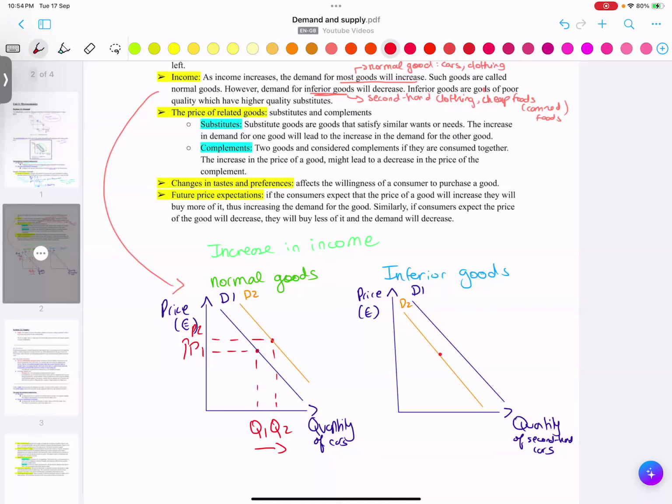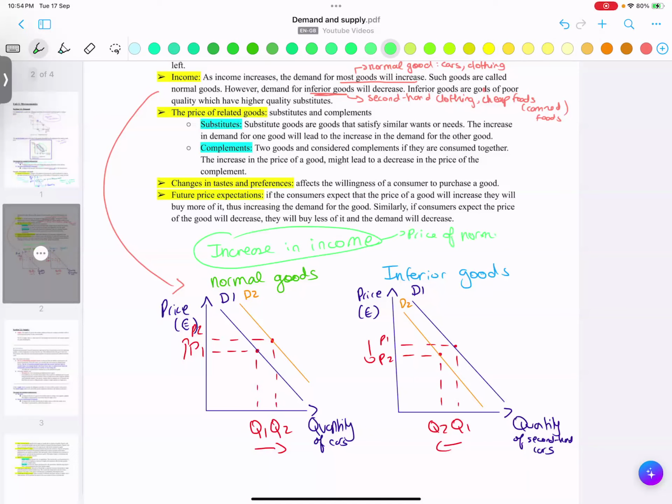Whereas here you will see after the leftward shift, you'll have Q1, Q2, so you can see the decrease, P2, P1, so you can see the decrease, okay? So when there is an increase in income, what ends up happening is that the price of normal goods increases as the demand curve shifts to the right.